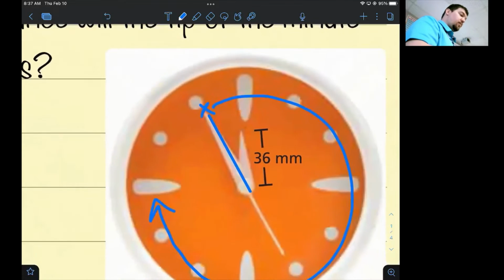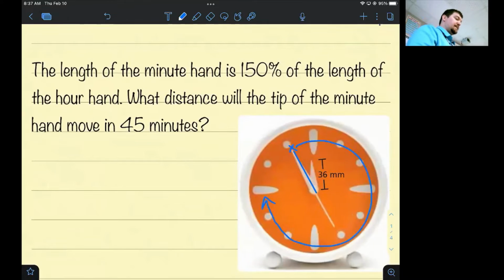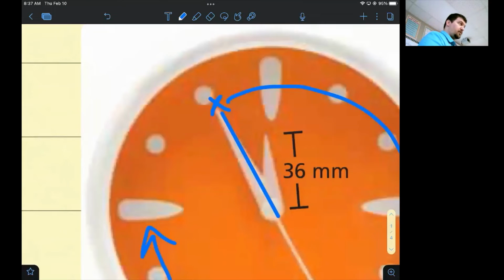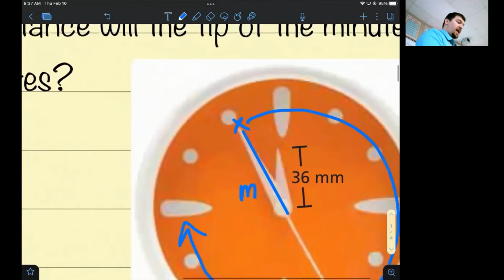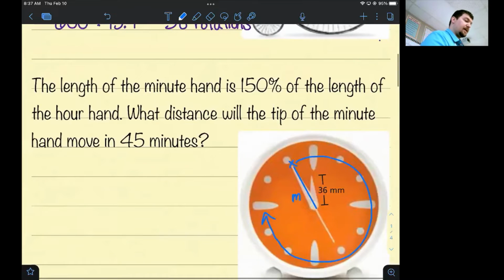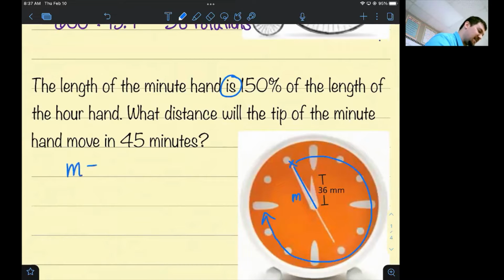So fortunately, if we go back up to that first sentence again, it says the length of the minute hand, which I don't know. You guys okay with me calling it M? Minute hand? Okay. So the length of the minute hand equals, takes you back just a chapter ago, right? 150%.